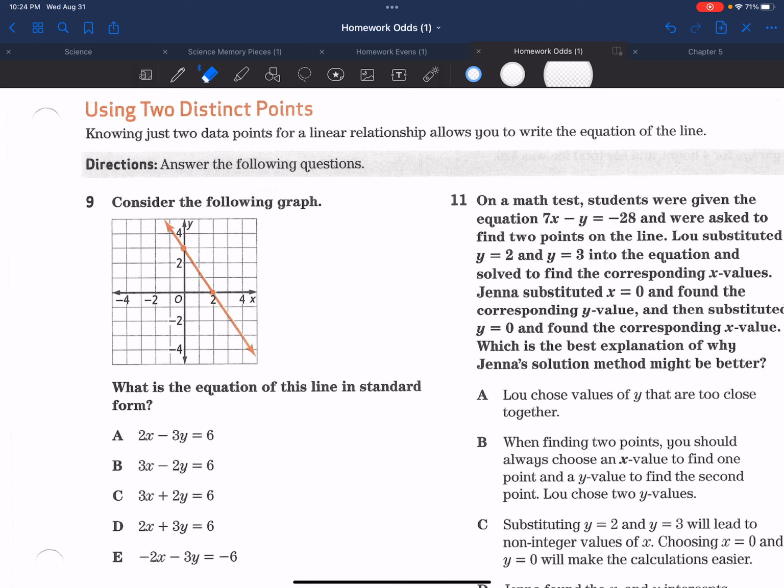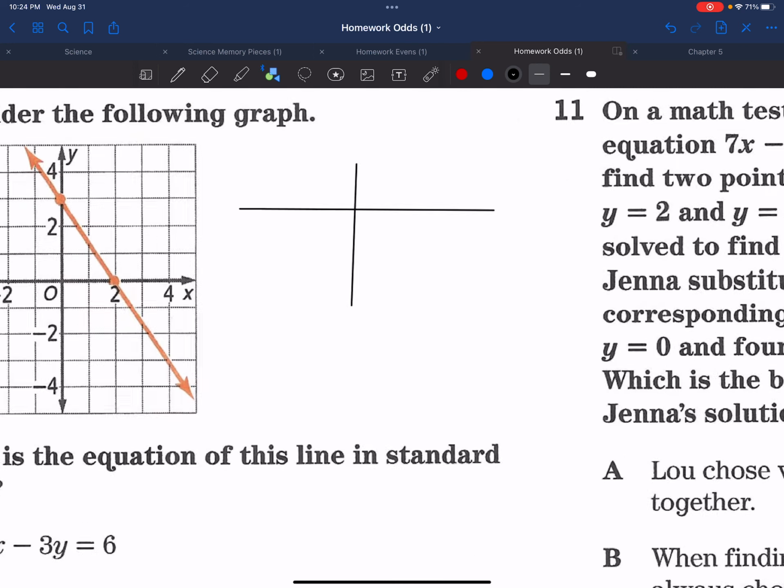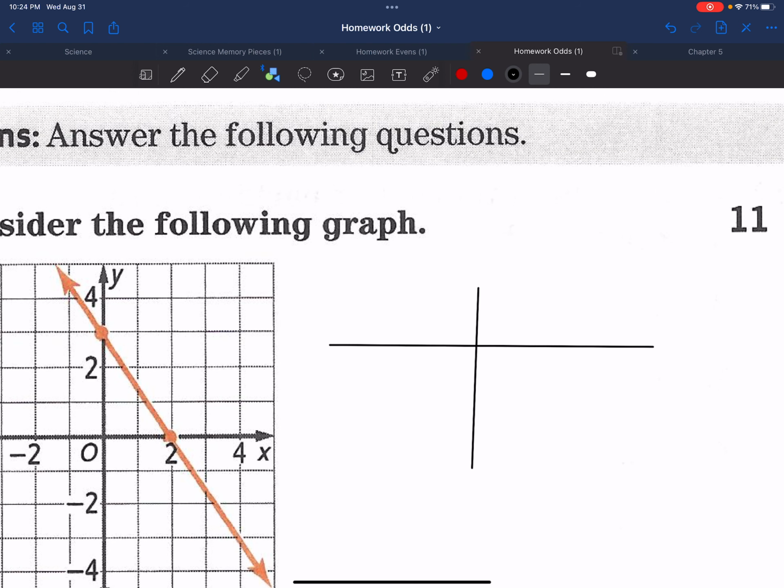Consider the following graph. What is the equation of this line in standard form? Well, looking at that graph, I want to get slope-intercept form, and then I'll convert that to standard.